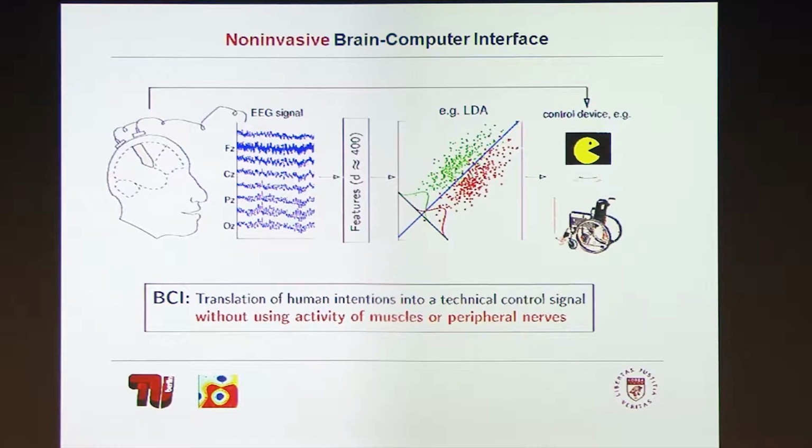So the whole point, of course, is, in the strict definition, the brain-computer interface is a device that translates human intentions, but without using peripheral nerve activity and also muscle signals. So, in other words, if I start wiggling my ears or doing all sorts of games, then this is an EMG, electromyography, muscle-computer interface, not a brain-computer interface.